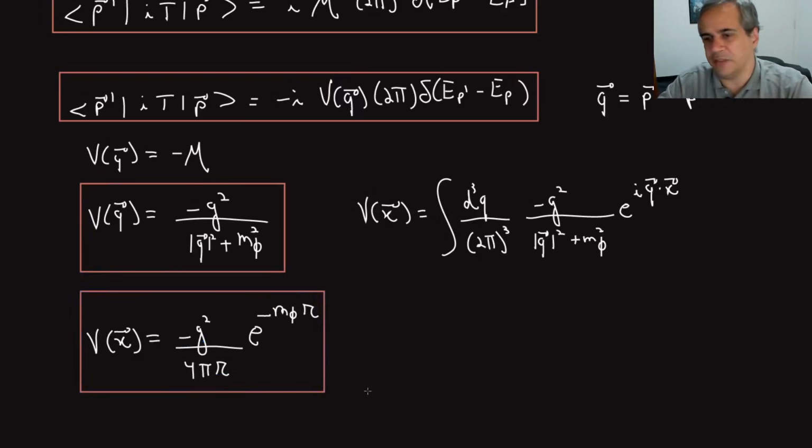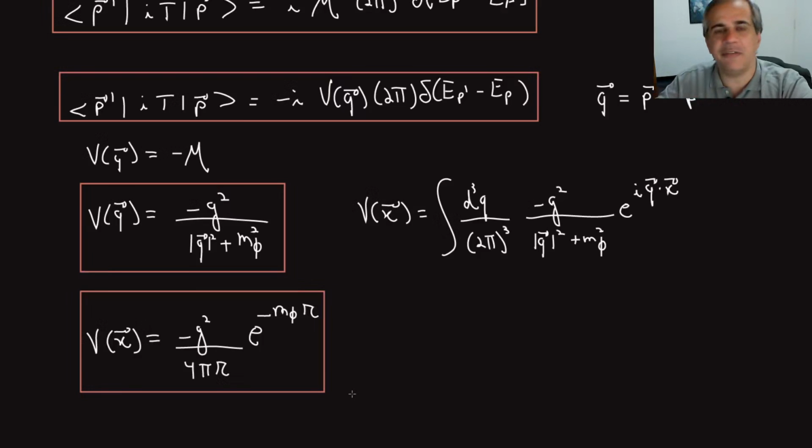So we can learn a few things here. The first one is the heavier this scalar particle that is being exchanged between the fermions, the faster this potential will go to zero. It is exponentially suppressed in comparison with a similar Coulomb potential. And the heavier the mass of the scalar, the shorter will be the range of this interaction. So that's the first thing we learn.